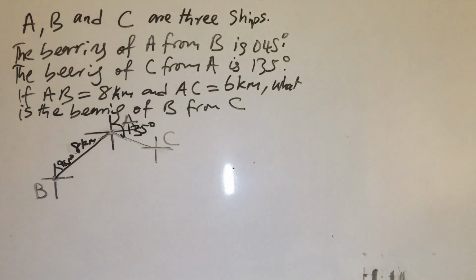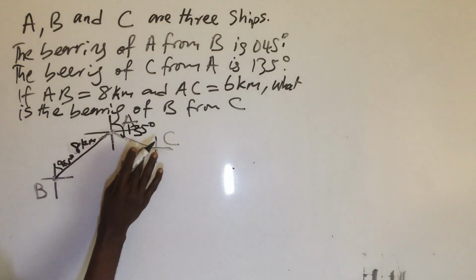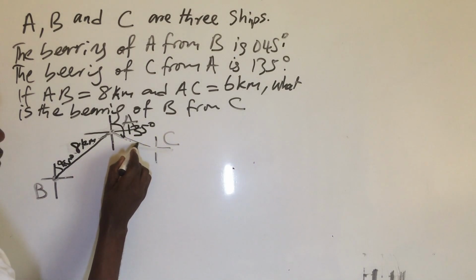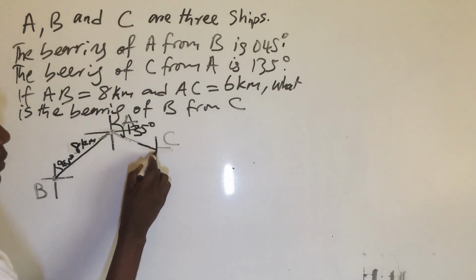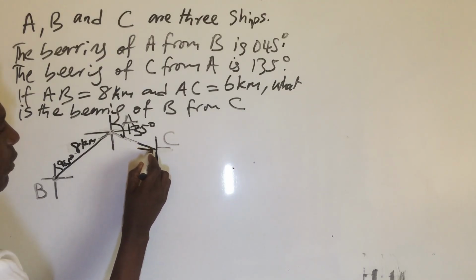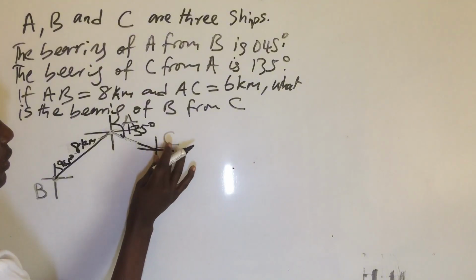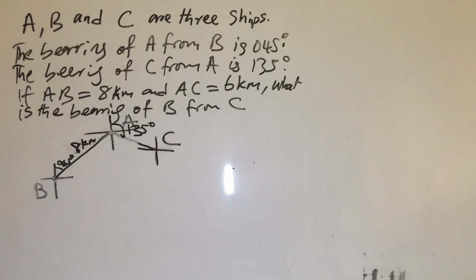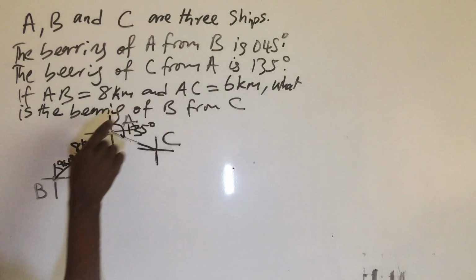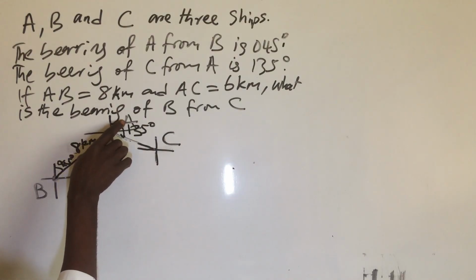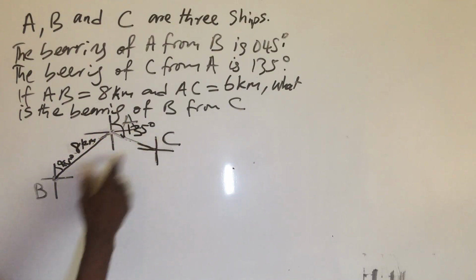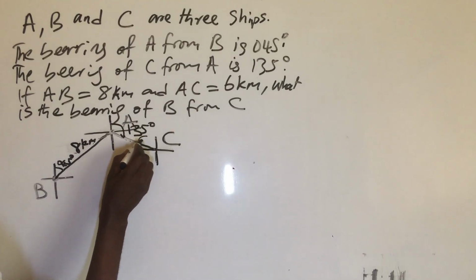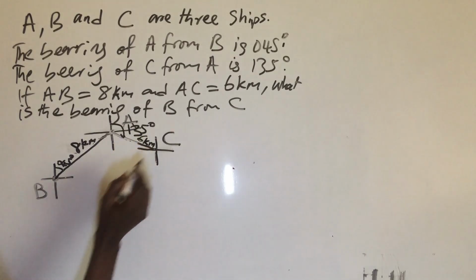Okay. Now it takes off to reach here. We now have our four cardinal points. This is point C ship. Okay. Now, what else? We have the distance of A to C is 6 kilometers.